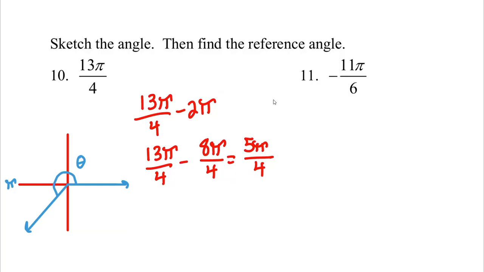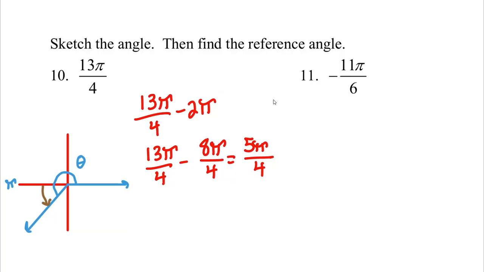Now our reference angle, again, is going to be from the closest x-axis to that terminal side. Do we see that? What do we think that is? It's 1/4, right? 1/4 of the semicircle.